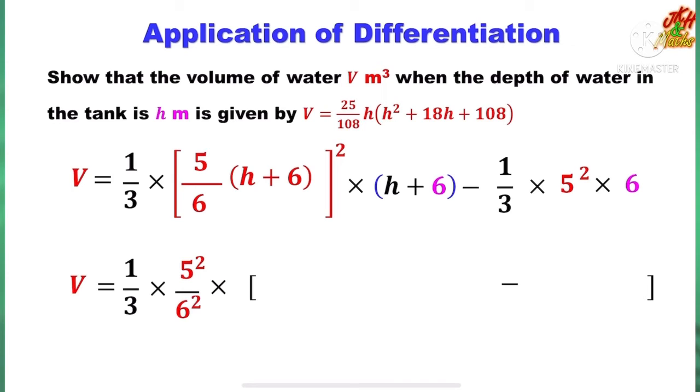Therefore, I need to multiply 6 squared on the second term. Then 6 squared I need to multiply with 6, because 1/3 and 5 squared are already taken out as a common factor for both sides. So the first term remains h plus 6 squared times h plus 6 in the bracket.